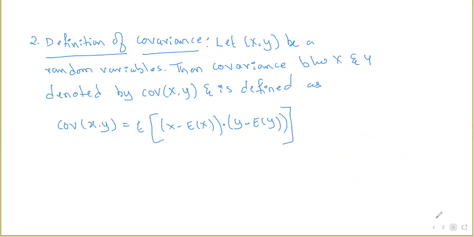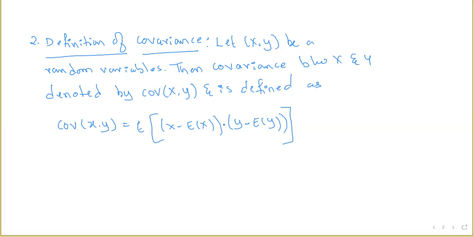Next, the definition of covariance. Let x comma y be random variables, I mean bivariate random variables. Then covariance between x comma y is denoted by COV open bracket x comma y close bracket. This is the notation, and it can be defined by this formula: covariance of xy equal to expected value of x minus expected value of x into y minus expected value of y.